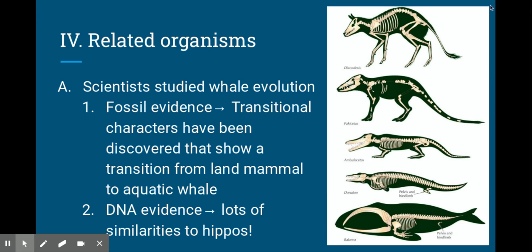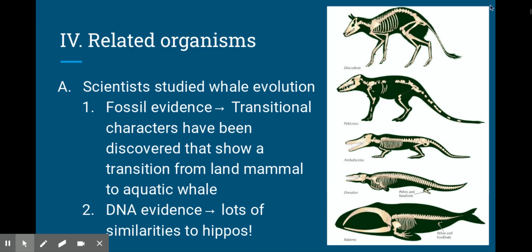And then if you go even farther back from that, you can see that those back legs are a little bit more developed, and those front fins are now looking like they're able to actually support some weight. And then even farther back from that, those legs are a lot more developed and able to walk. And then even farther back from that, it's looking closer to a horse, right?